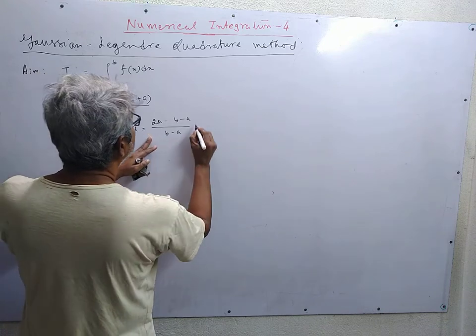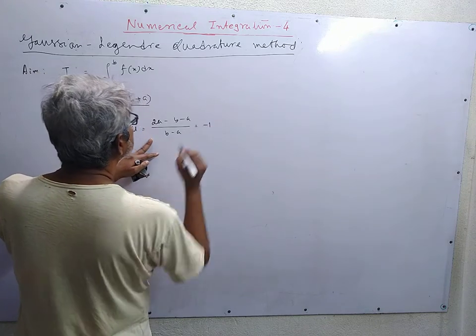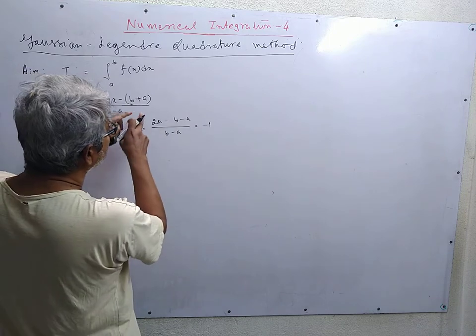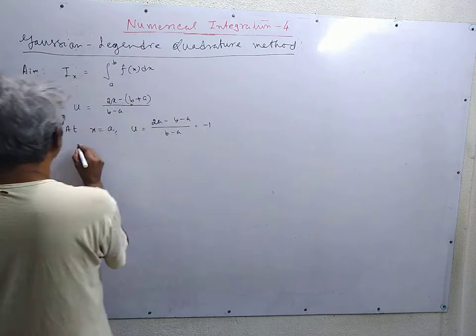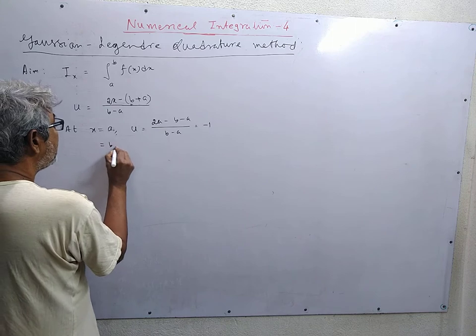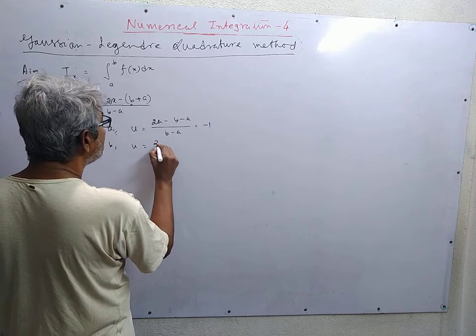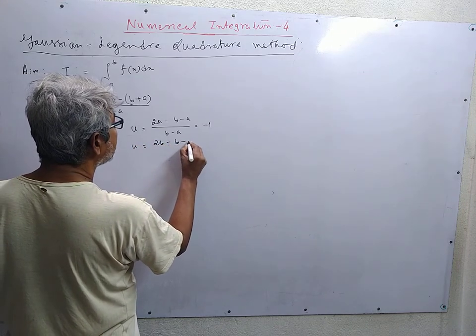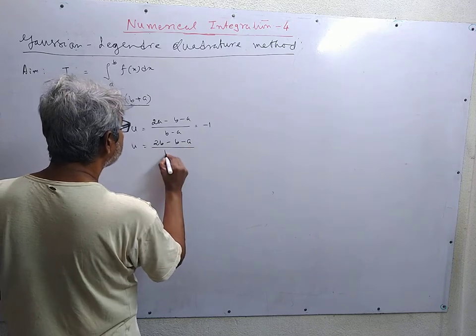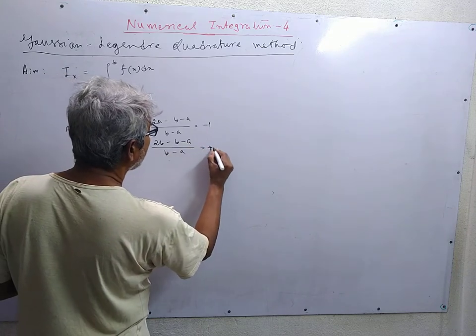So this is minus 1, because in the numerator I have a minus b, and at x is equal to b we have u is equal to 2b minus b minus a by b minus a, which is equal to plus 1.